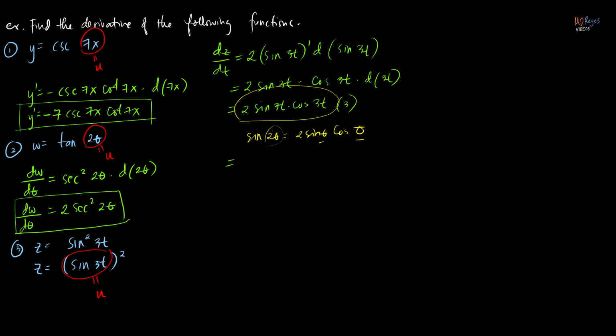So going back, the encircled portion is actually sine of 2 times 3t, that is sine 6t, times 3, or 3 sine 6t. This is the derivative of z with respect to t in simplified form.